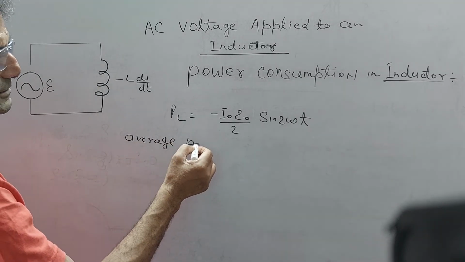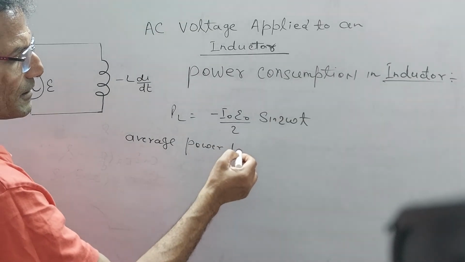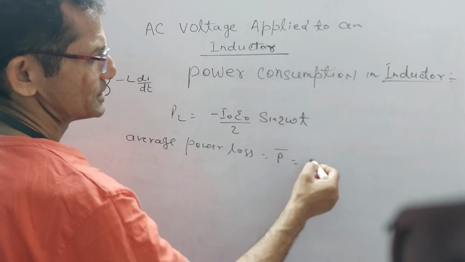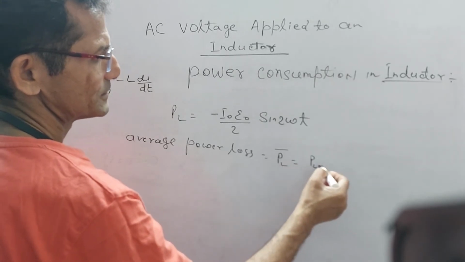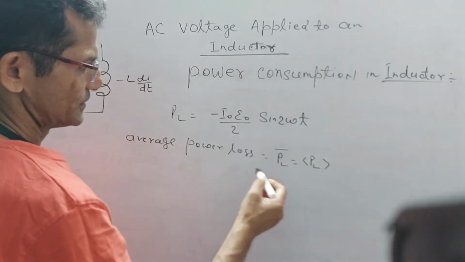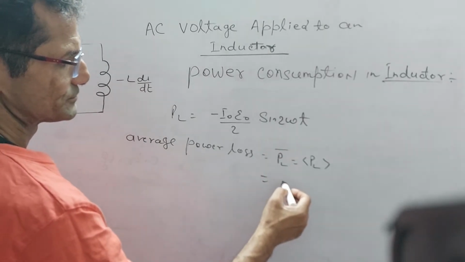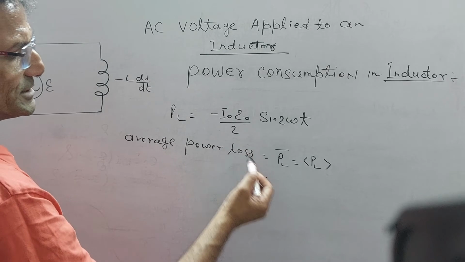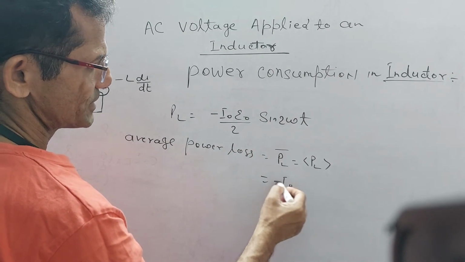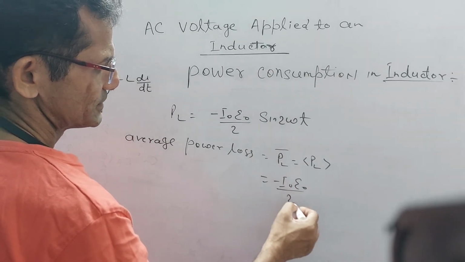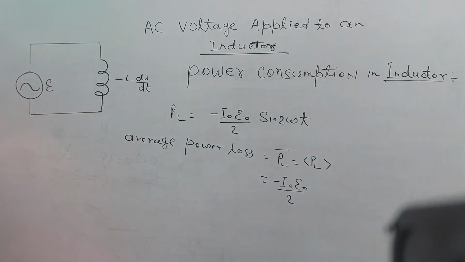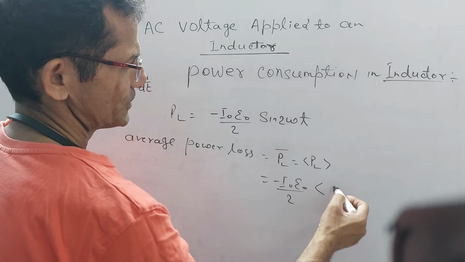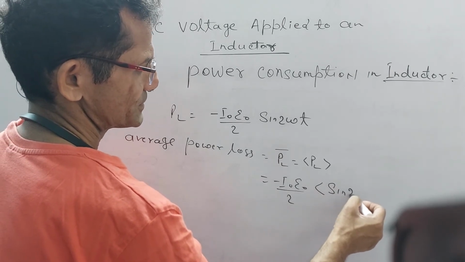The average power loss is represented by this, and it becomes I naught E naught by 2 as constant terms taken outside the bracket. We take only the average of the function which includes the varying time. So here it has the value sine 2 omega t.